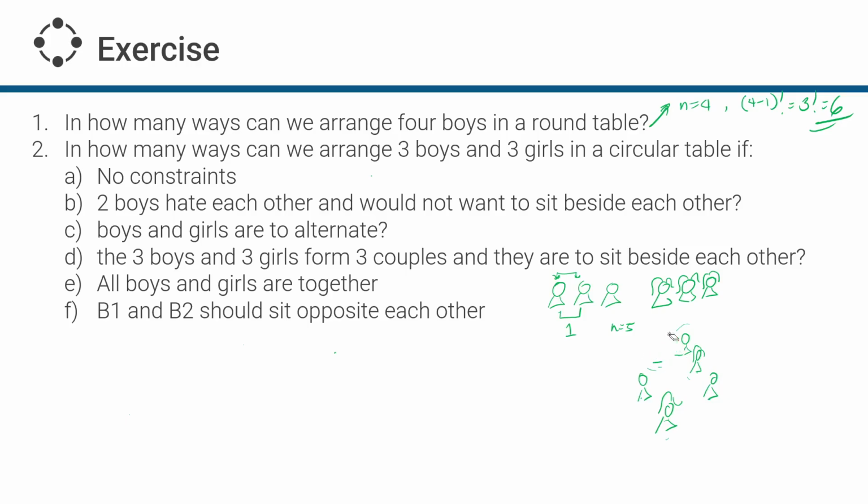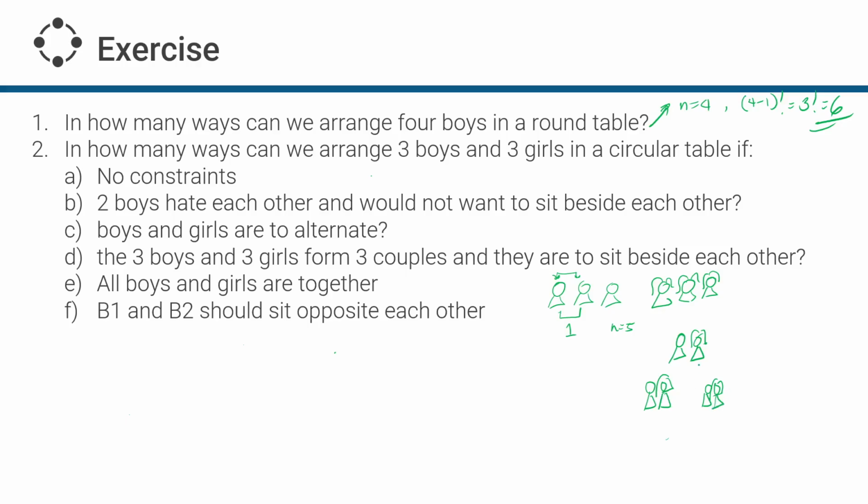So for each couple, let's say couple 1, they will be arranged in one block. So this is 1, and then 2, and then 3.